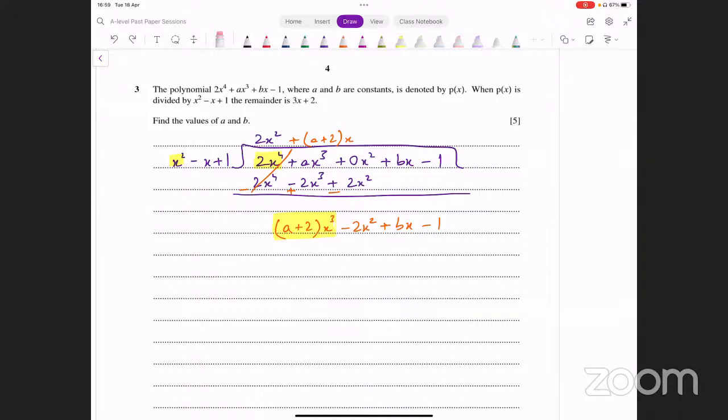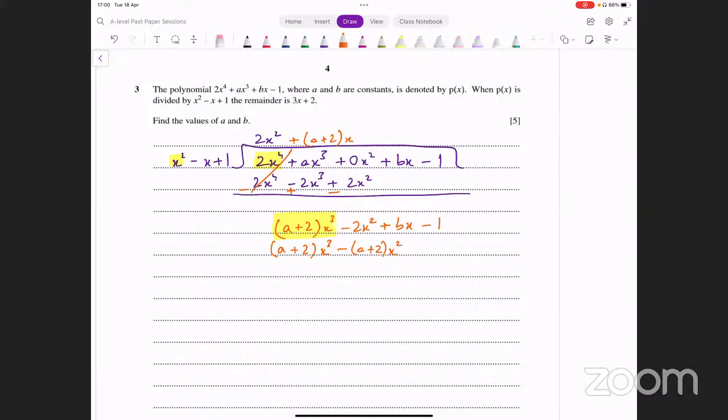And now we have to do this multiplication. A plus 2 into x multiplied by this whole thing. Now, what does that give us? That gives us a plus 2 whole multiplied by x cubed. And then you have minus here. So you say minus into a plus 2 whole multiplied by x squared.